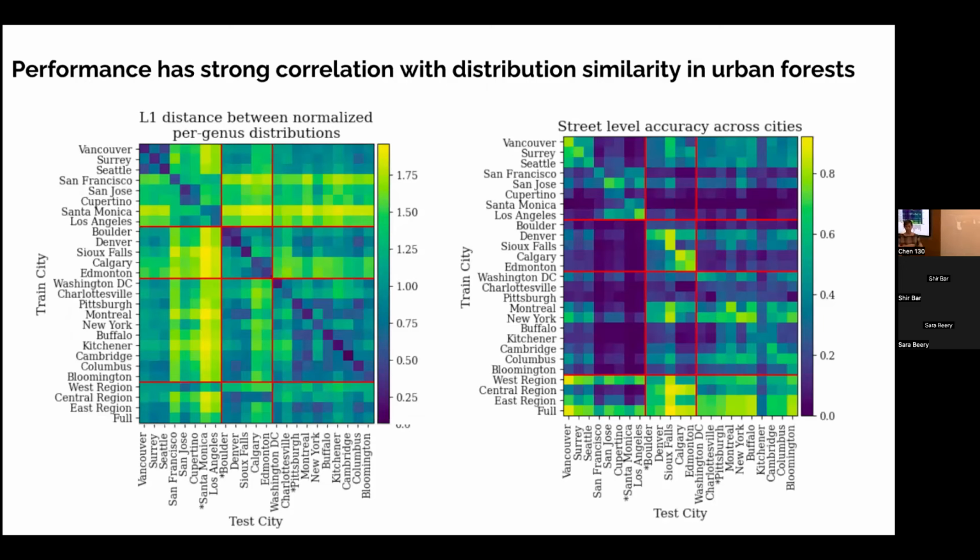And it actually turns out that machine learning performance has a strong correlation with distribution similarity. So this is a figure from a recent paper where we were looking at tree species identification. And this is just a rough sense of how similar the distribution of trees is across these different cities. So you're comparing sort of Vancouver to Vancouver or to Seattle. The reason it's not completely dark down that diagonal is that within each city we had a spatial split.